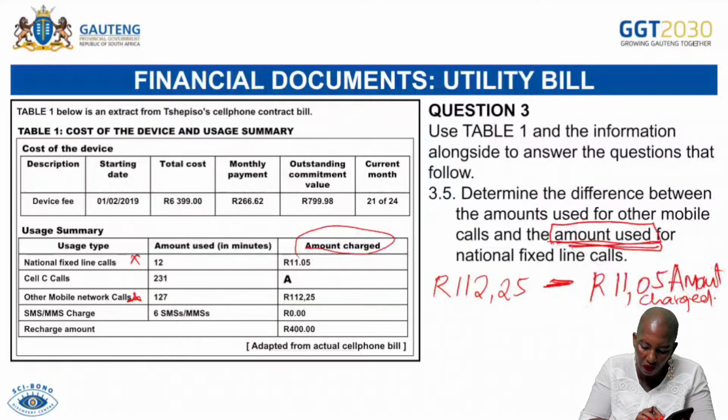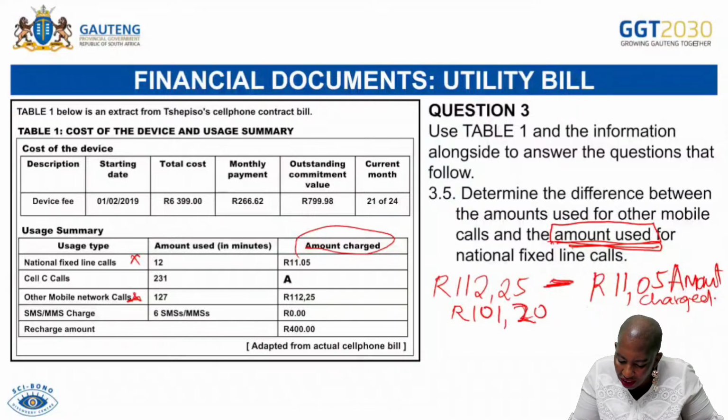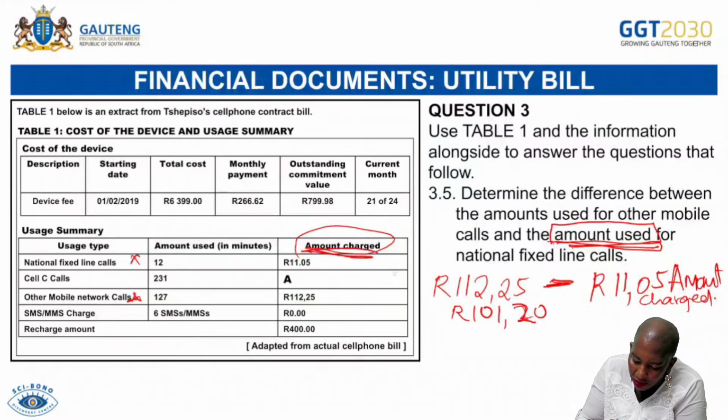It's 112 rand 25 minus 11 rand and 5 cents. So the amount charged it's 101,20. But did the question require amount charged? No. They did not require the amount charged, but they said the amount used.